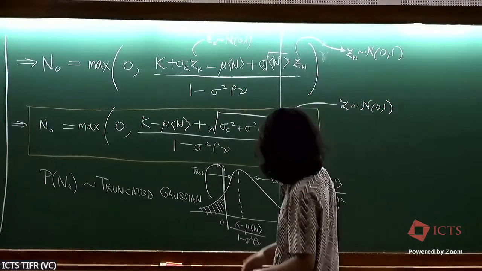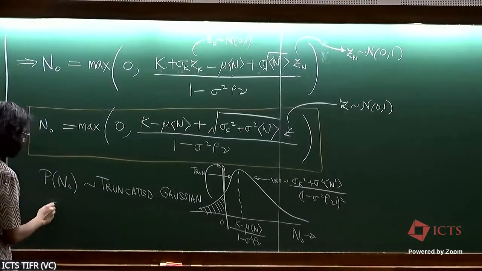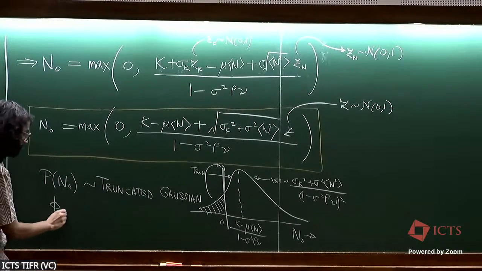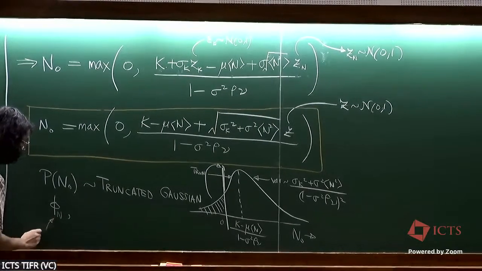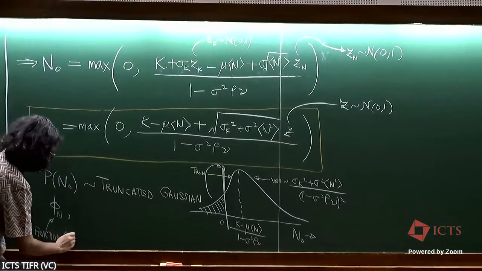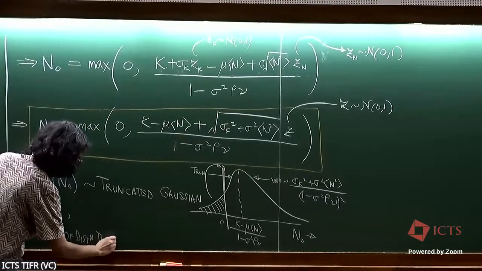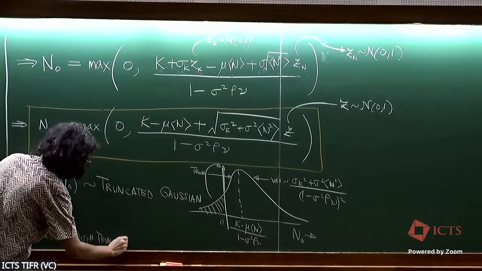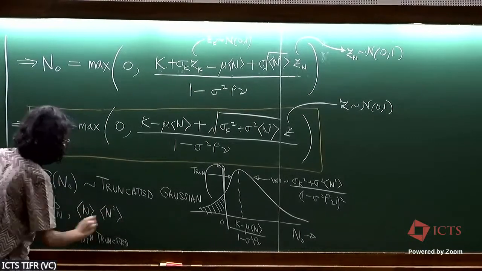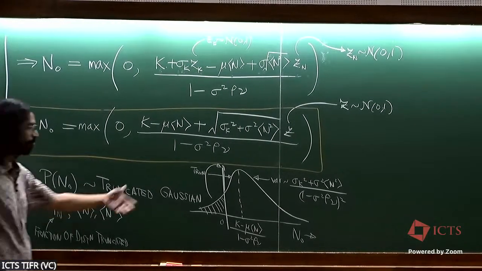So there are really three things about this distribution that we will then care about. One is just what we will now call phi, or phi n. This is the fraction of the distribution that's truncated. Then, of course, since this is a Gaussian, we'll care about just the first two moments. These three numbers fully describe this distribution.